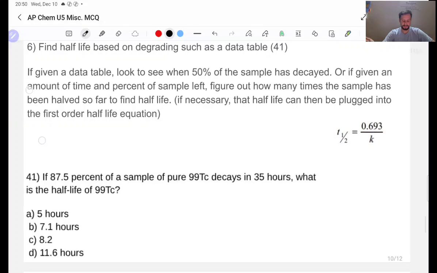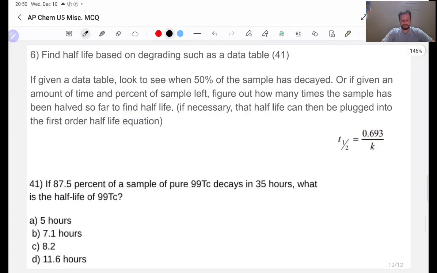Number 6, which is based on 41. Let's say you get a problem like this, and you're like, how do I find what the half-life is? Find the number of divisions that occurred. So it says 87.5% decayed. That means we have 12.5%, which means we have 1/8 left. Well, how many halves have happened? We went from 1/2 to 1/4 to 1/8.